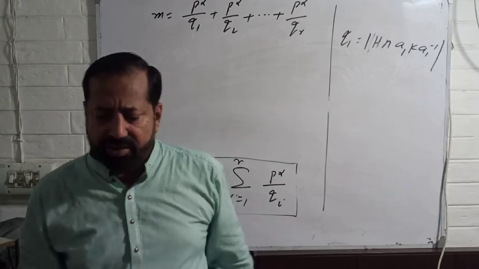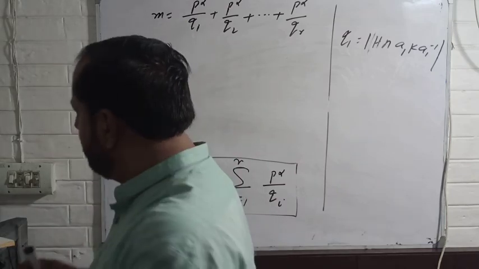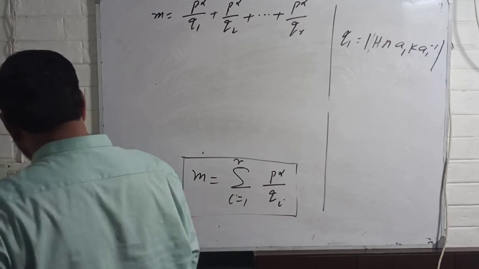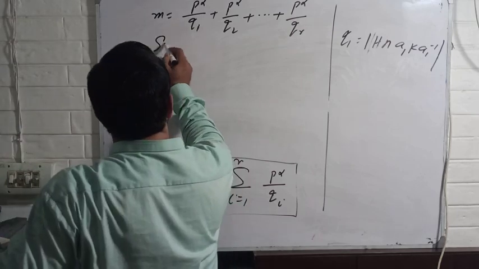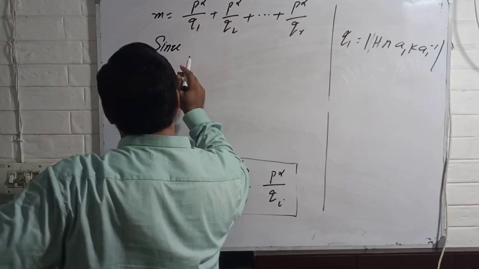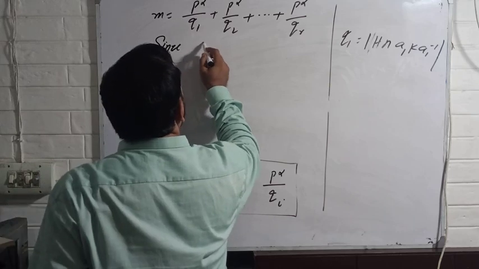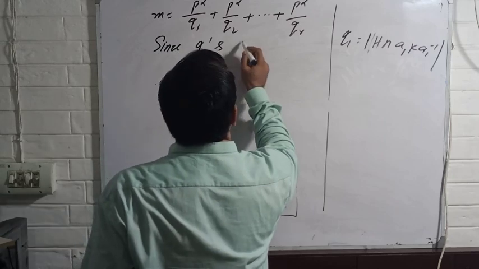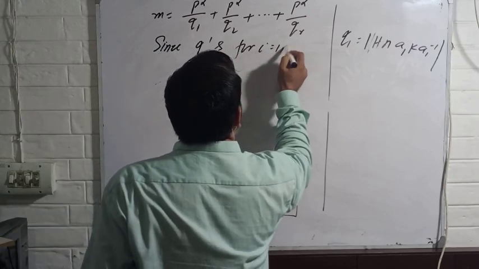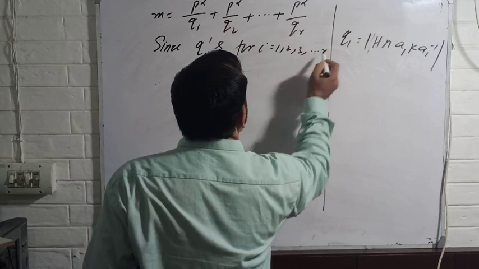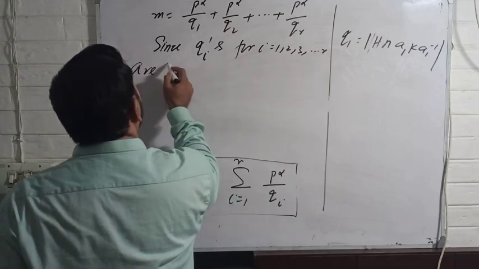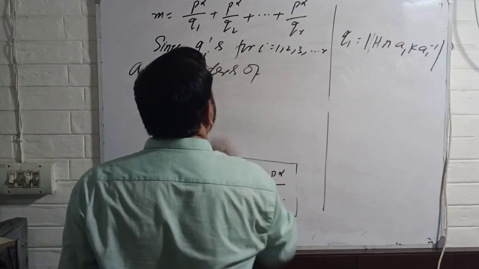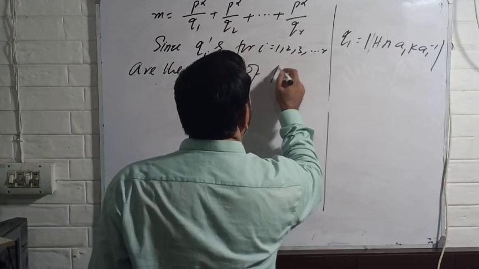So we are writing that since Qi, for i equal to 1, 2, 3, and so on up to r, are the orders of p groups.